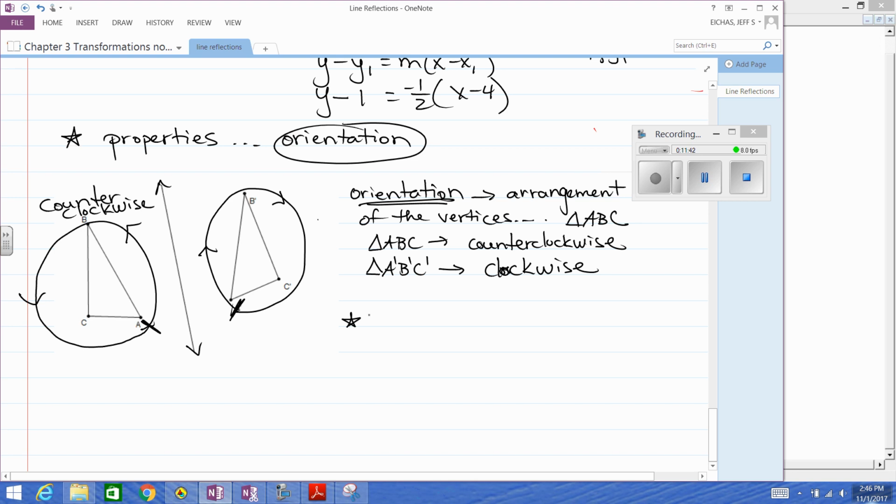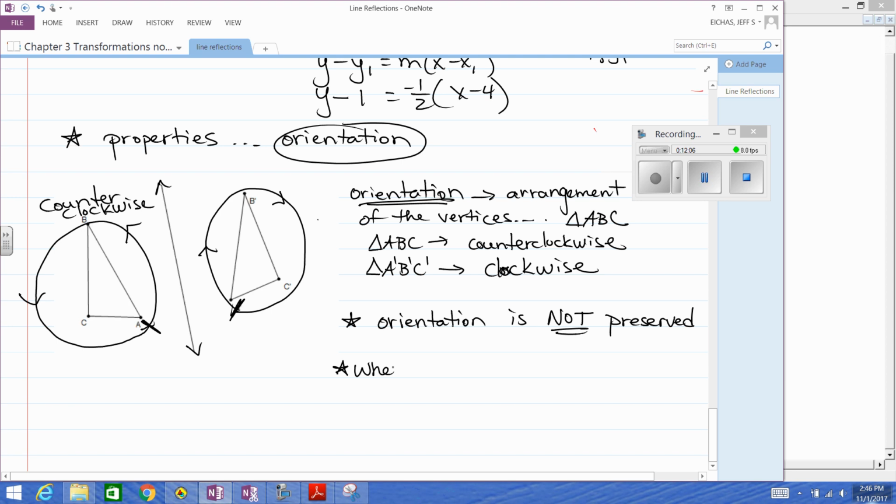So what we say in this course is orientation is not preserved. Okay, so when we go through our different list of transformations, one of the key properties will be orientation.